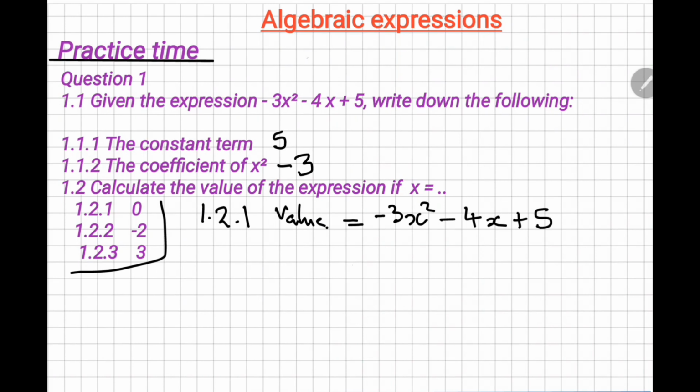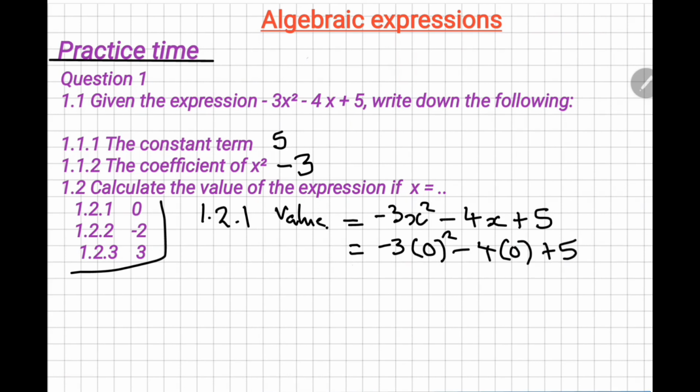But in this case now, the x value is 0. So where there is x, we're going to replace it with 0. So this becomes minus 3 times 0 squared minus 4 times 0 plus 5.